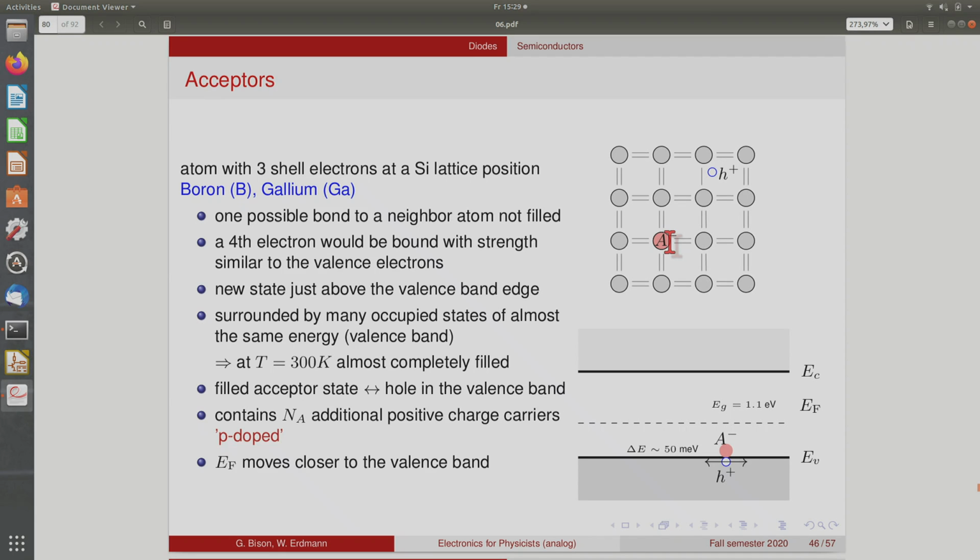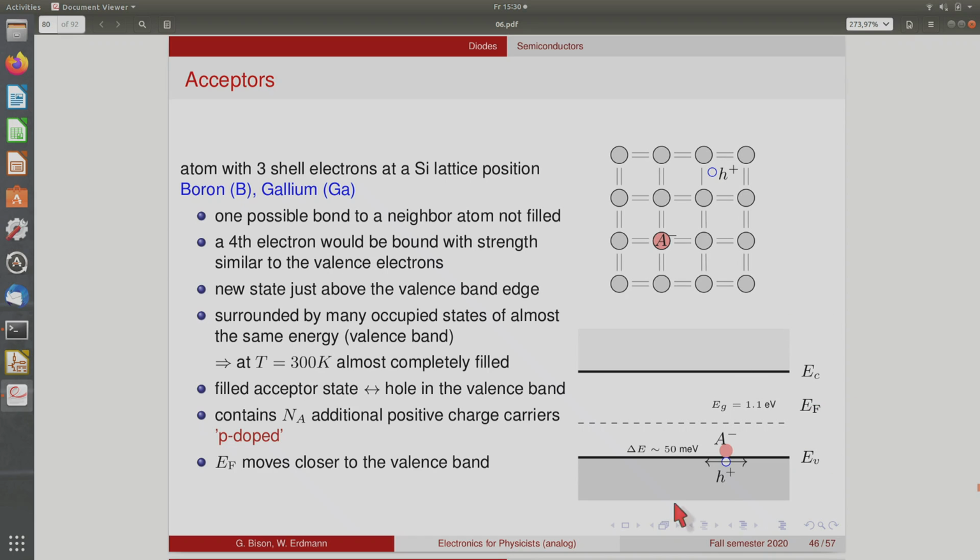So these holes will at room temperature be almost 100% filled, and then you're left for each of these atoms with a negatively charged defect and a hole that's floating around in the crystal. And because you now have more holes, which are positive charges, we call this p-doped.